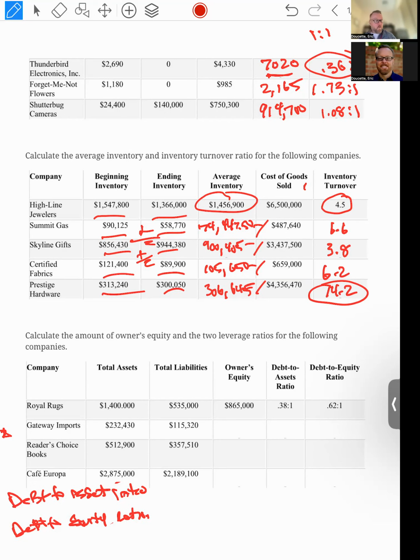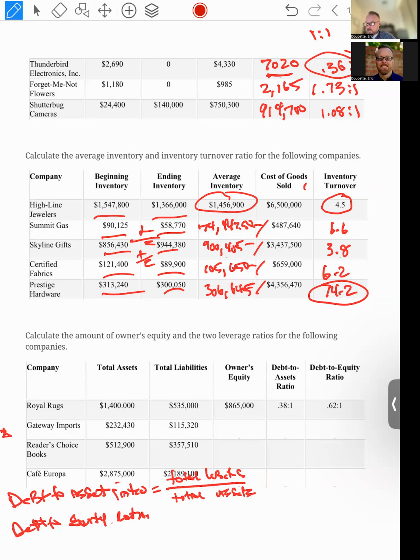So the formula for the debt to asset ratio, might help if I show you this: your total liabilities divided by your total assets. Now, this is not current, this is total, and that's the difference. Before we were just looking at current assets, current liabilities. Now we're looking at total.